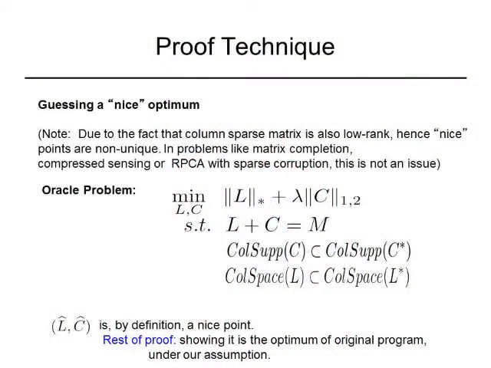So I pin down one point, one solution, which has this desired property, and show that this solution that I guessed is indeed the optimal of my convex optimization problem. And for the second part, basically all that you need to do is some convex analysis. But the first part is basically the novel part of this work.